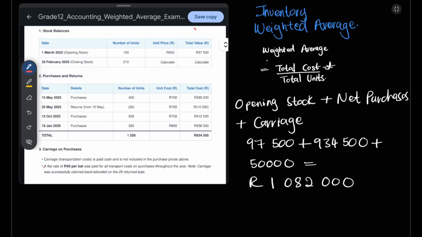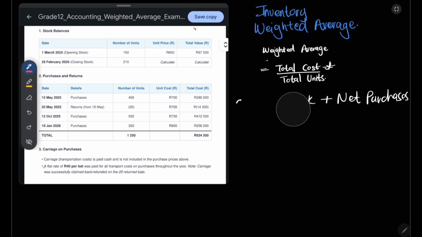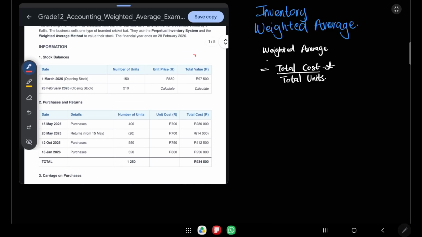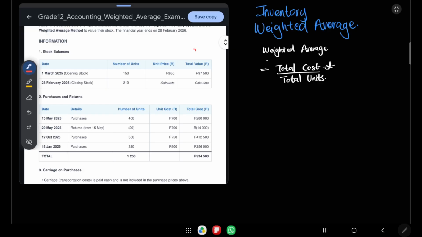Now let's calculate our total units. Let me rub this off, but please make sure that you write that in your notes. So in terms of our total units, let's check. In the beginning we had opening stock. We just calculated the cost. Now for those costs, let's look at units that were related to the cost.